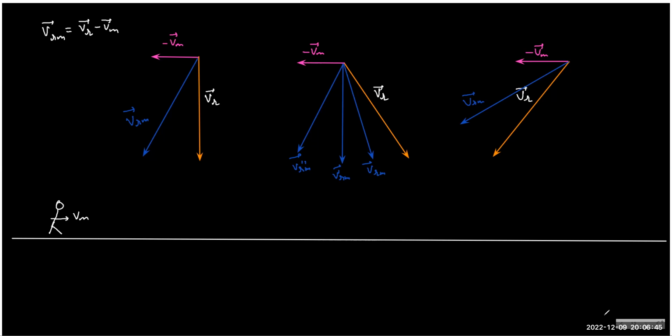So you got some idea how to proceed. Yes, sir. And there are two things. If you know the VR and VM, then you can get VRM like this. If you know the VRM and VM, then I've told you to plot either of these two diagrams. So draw a triangle. There are only two choices.